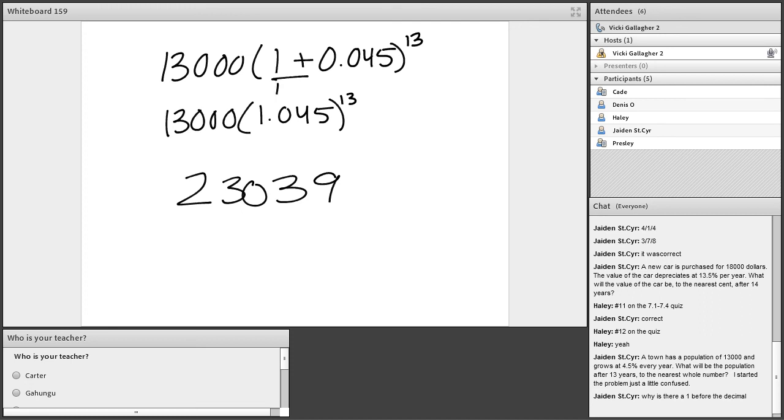The 1 is actually a 100 percentage, and then this is 4.5%. So what's happening is we're keeping 100% of our population, and we're adding an extra 4.5%, which gives me 104.5%, but we're not allowed to write it as a percentage, and so that's 1.045.